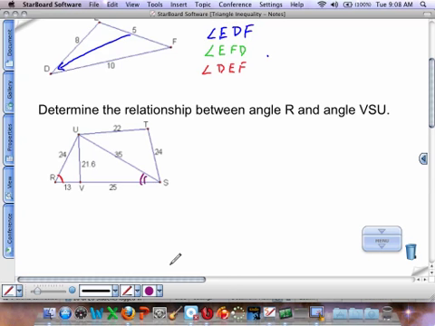Okay, so guys, if we look at angle R and angle VSU, if you're going to compare them, you need to compare them inside the same triangle. So what triangle has both angle R and angle VSU? RUS. Okay, so now we're going to be looking at triangle RUS. If I want to compare angle R to angle S, I need to only look at their opposite sides. So what's the opposite side of angle R?